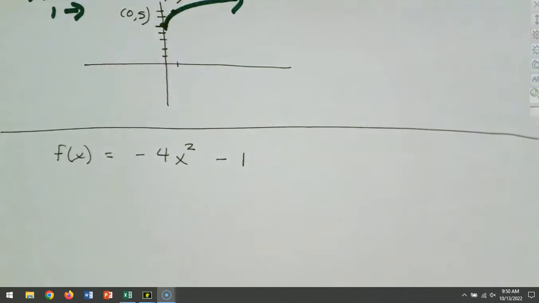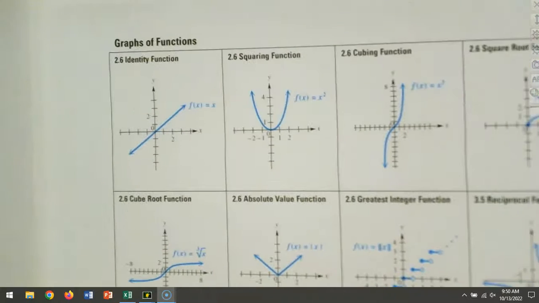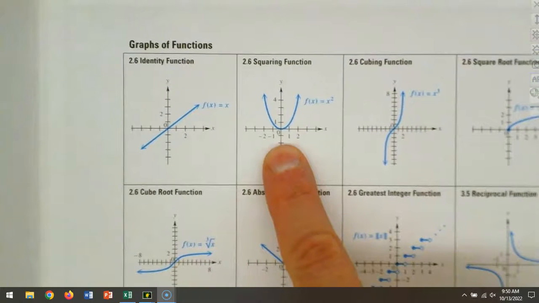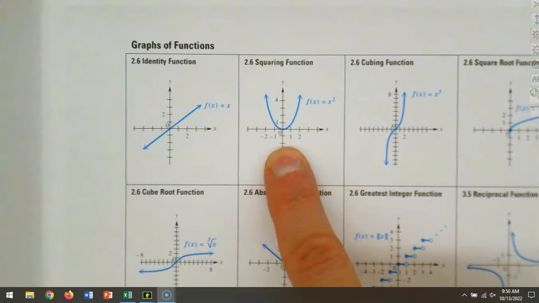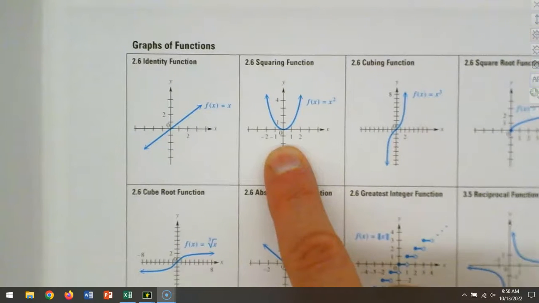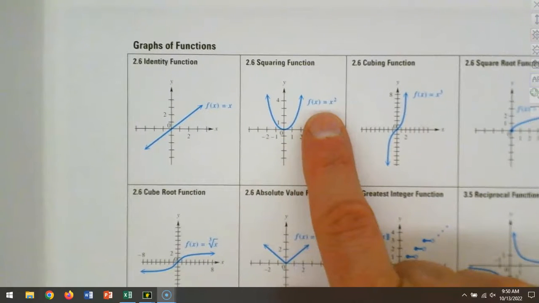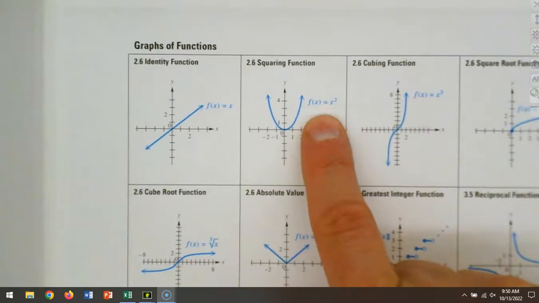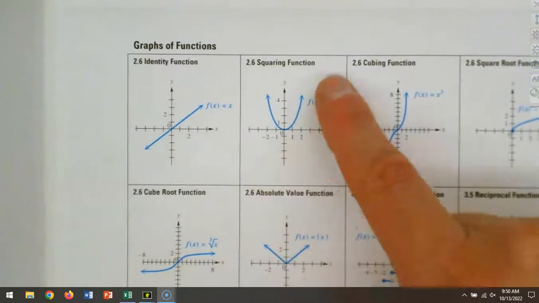Well, we go to the back cover of our textbook. And what operation is happening to that x? It's being squared, right? So we go to the back cover of our textbook, and what should the graph look like? That. Because why is it going to look like that? Because it is what? It is x squared there. So it's going to make a u.